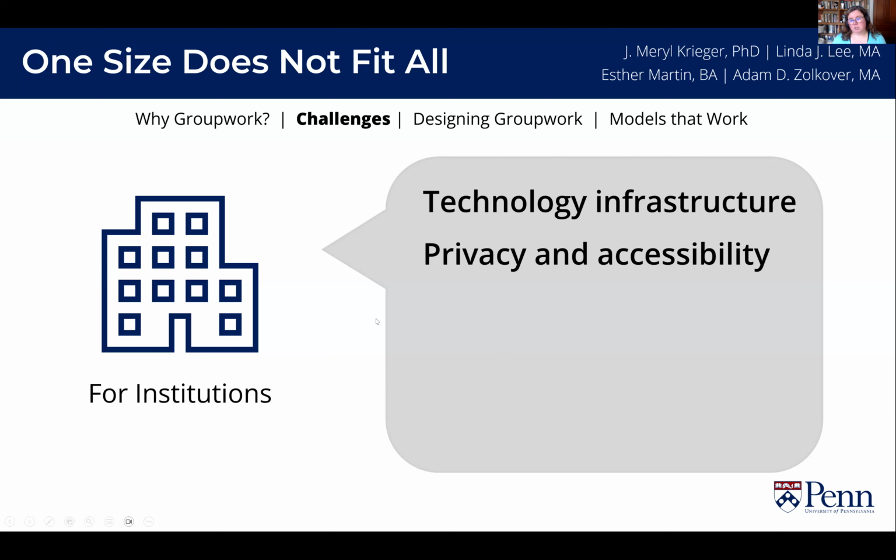And a related concern is around privacy and accessibility. Supported tools that are vetted by an institution have to meet certain privacy and accessibility requirements. And sometimes instructors who are really excited about trying out a new tool for their course purposely ignore that, which can put both students and institutions at risk.